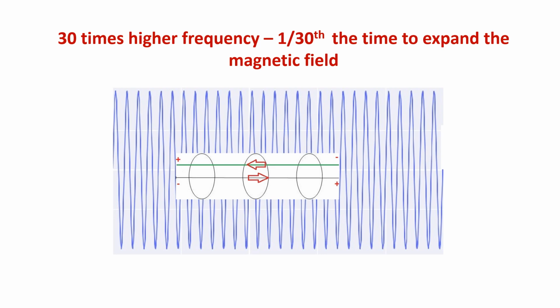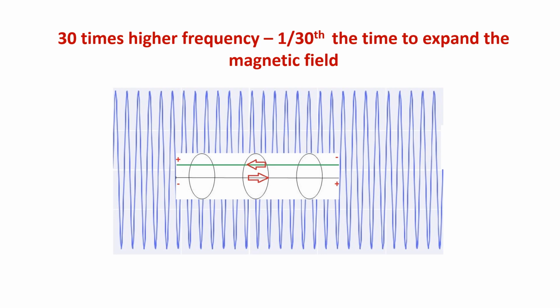I increased the frequency of the current, but nothing else. Increasing the frequency has greatly increased the amount of counter EMF. So now the coil is fighting the current a lot harder, and all I did was increase the frequency of the applied current.